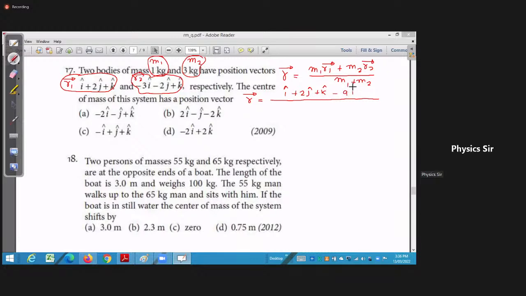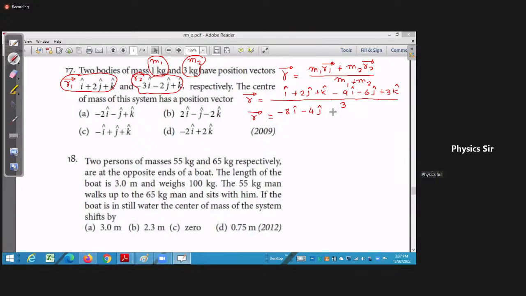This is 9i cap. 3 into 2, this is minus 6j cap. And 3 into 1, this is 3k cap. Divided by M1 plus M2, this is 3. Therefore, this vector R will be i minus 9i, this is minus 8i cap. 2j minus 6j, this will become 4j cap.